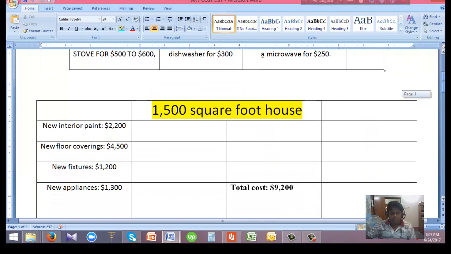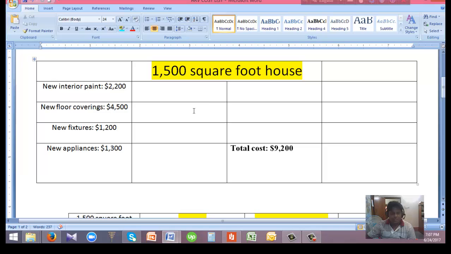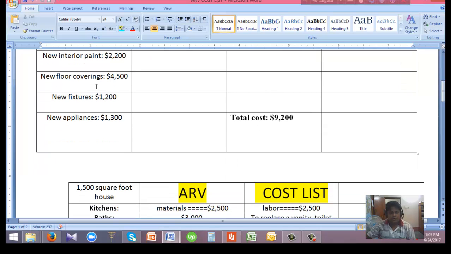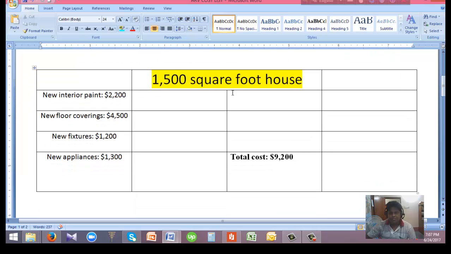Usually we get an idea that a 150 square foot house may cost $9,200 for repairing: new interior paint is $2,200, new floor covering is $4,500, new fixtures $112, new appliances $1,010. Total cost $9,200 to repair or remodel a 150 square foot house.